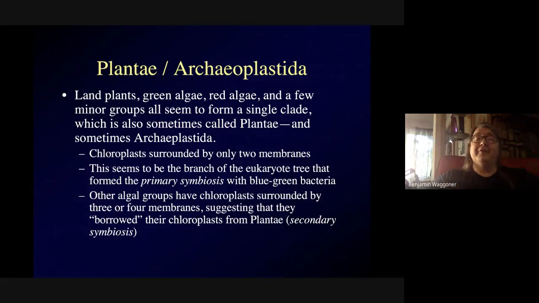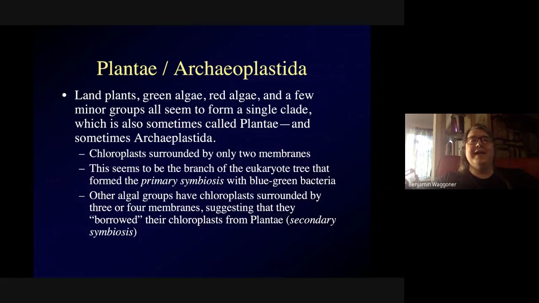The chloroplasts in this group are surrounded by only 2 membranes, and other algae have chloroplasts surrounded by 3 or 4 membranes. I mentioned that dinoflagellates have chloroplasts that may be surrounded by 4. Apicomplexa have 4 membranes around their apicoplasts, which look like chloroplasts that are no longer used for their original function.